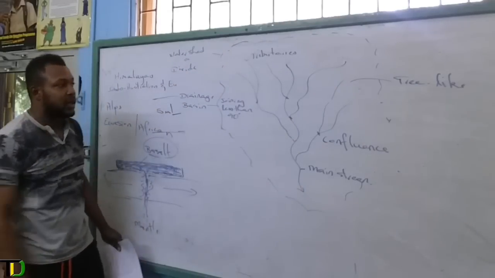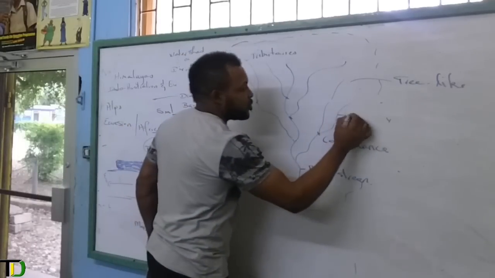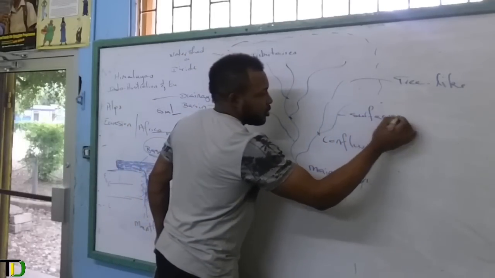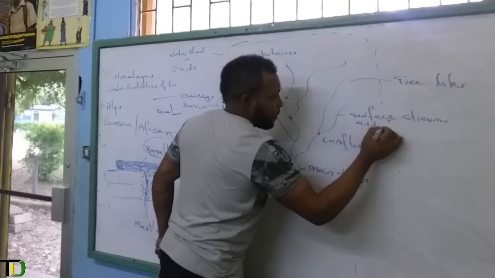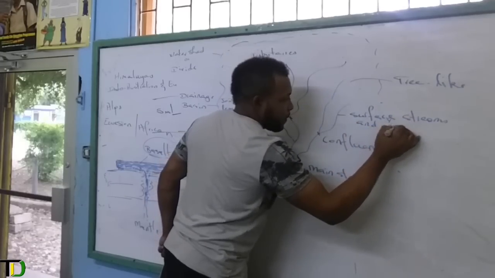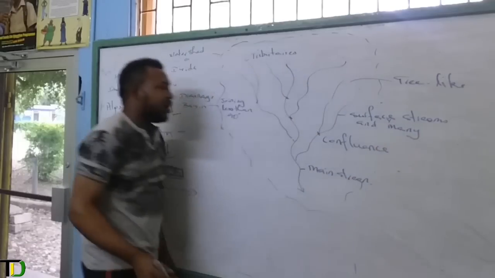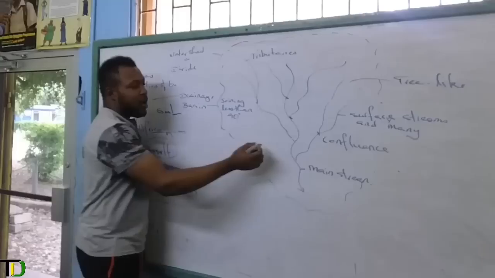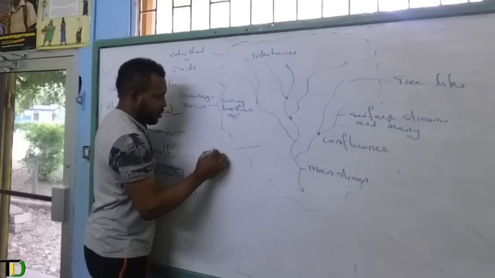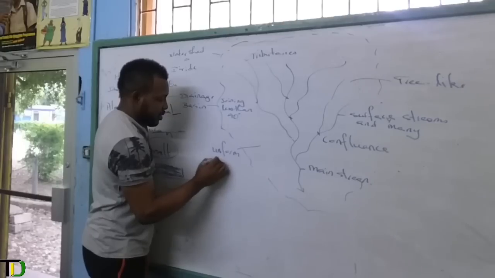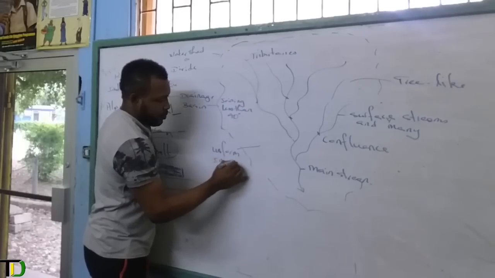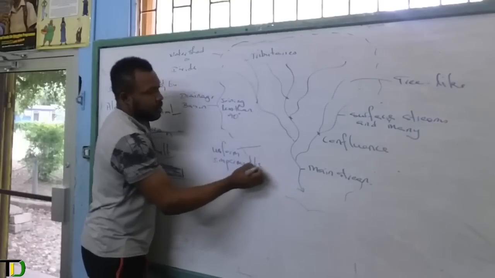And the next thing, there are many surface streams. Why? Because the underlying rocks tend to be uniform and impermeable.